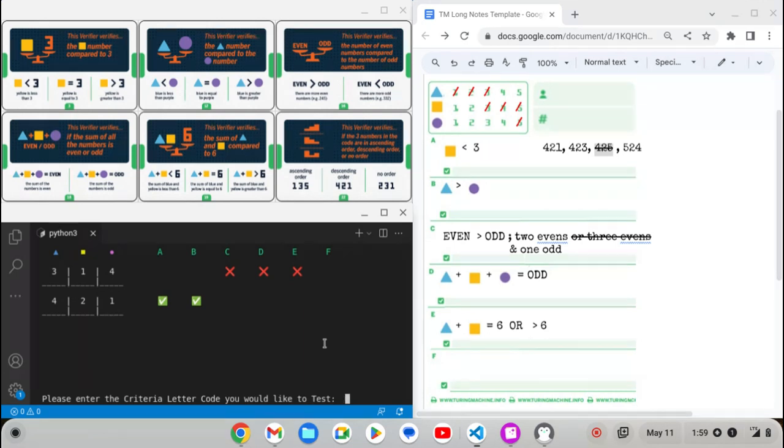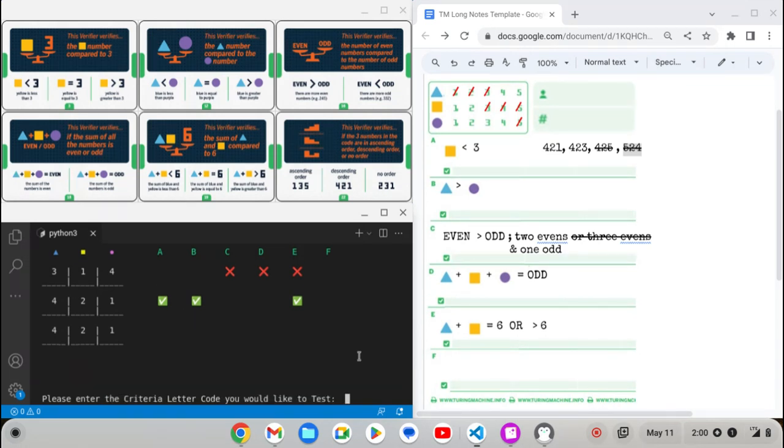So what does E say? Okay, the sum is 6. Okay, well, so that just means that it's not 5, 2, 4. And then I would have to test now whether it's descending or no order. So you know what, I'm going to stick with my 4, 2, 1 since that's given me all checks.